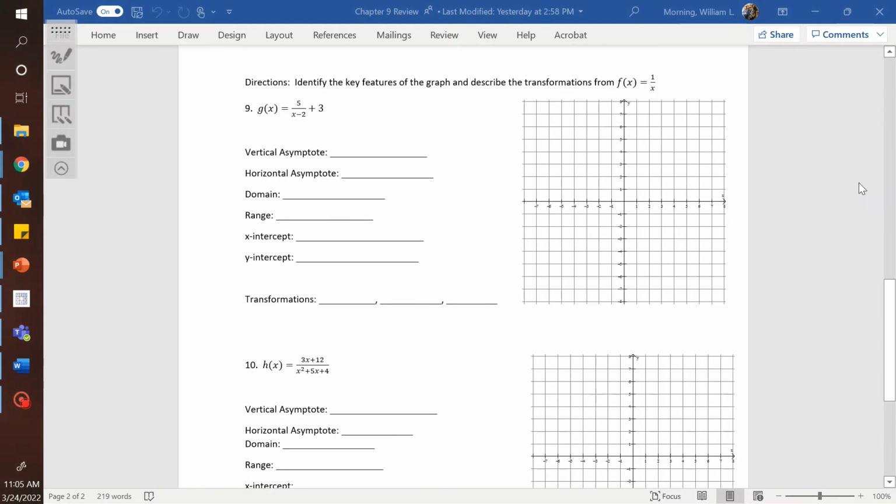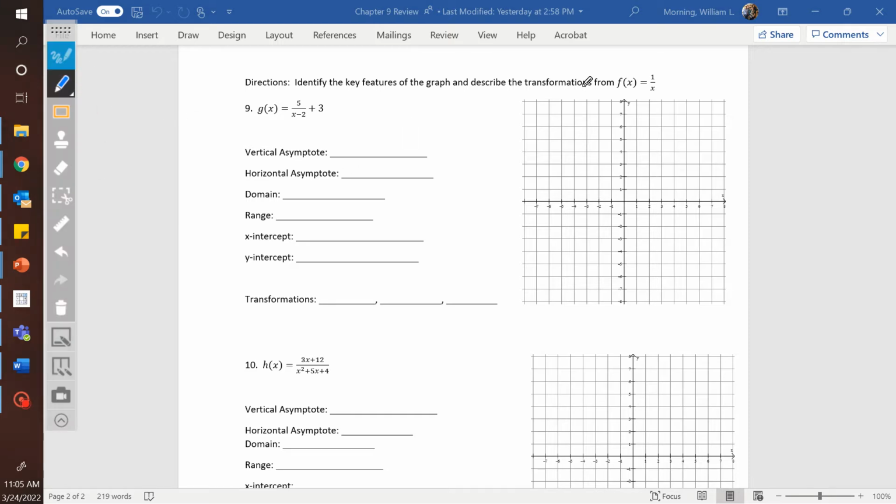Okay, identify the key features of the graph and describe the transformations. Okay, so from 1 over x, so this is 5 over x minus 2 plus 3. The transformations, this is to the right by 2, because our a is 5, our h is 2, our k is 3.